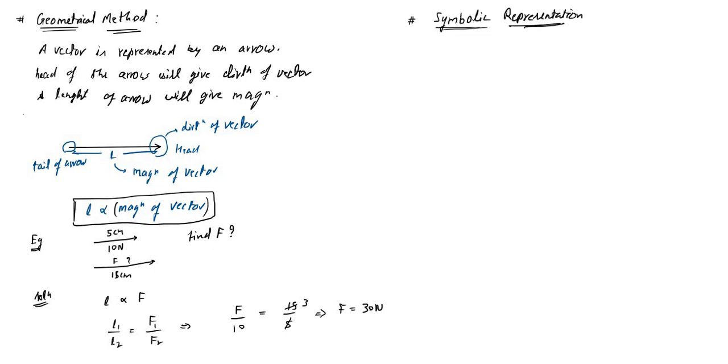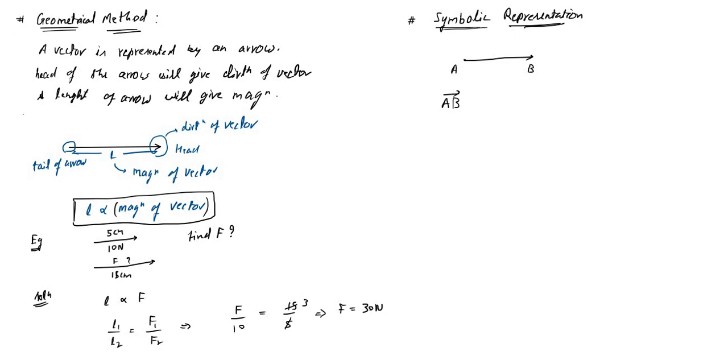Now let us try to understand the symbolic representation of vector. If this is a vector, and this vector has tail at A and head at B, so symbolically this vector can be represented by AB with an arrow over AB.